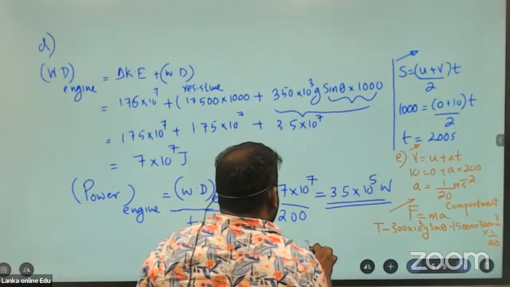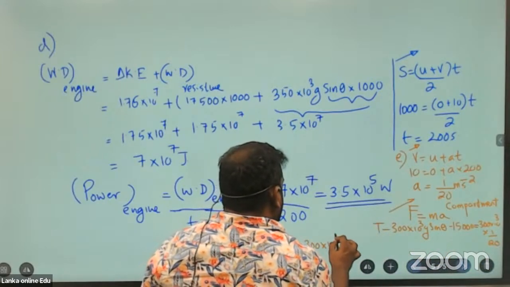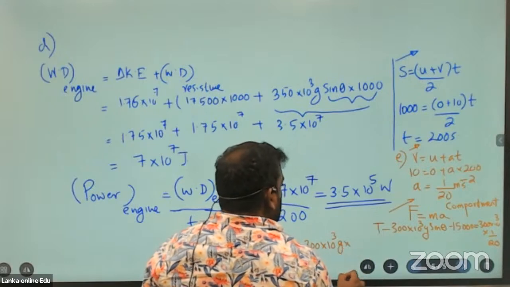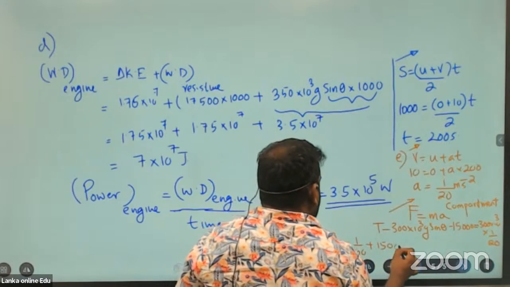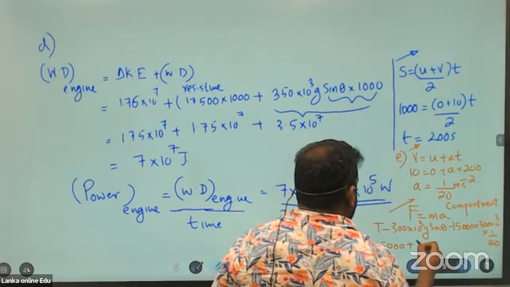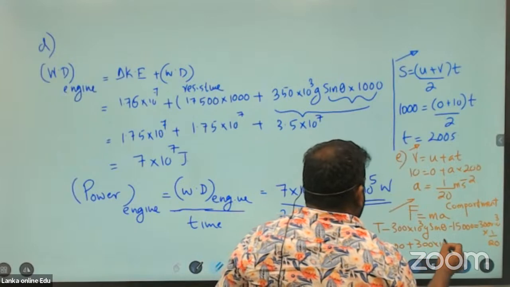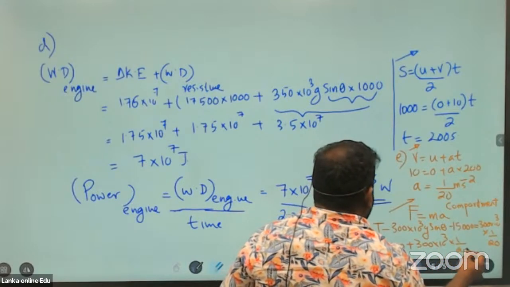Tension equals 300 × 10^3 g sin θ, with sin θ being 1 over 100, plus 15,000 plus 300 × 10^3 into 1 over 20.